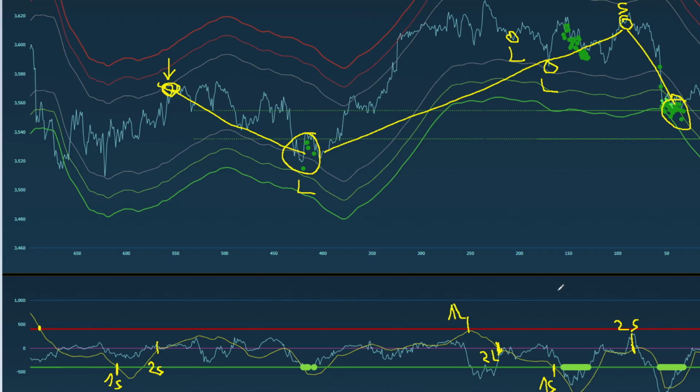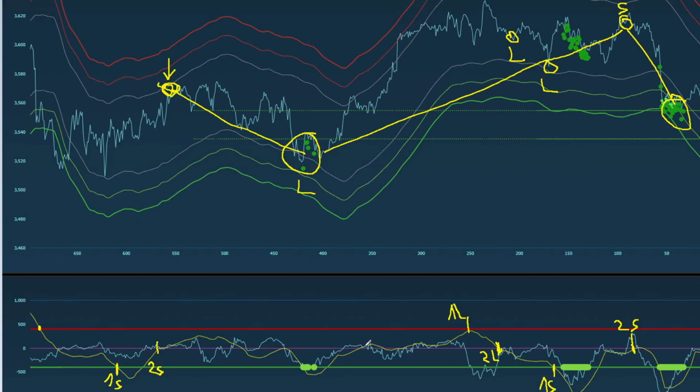Okay, so that's basically the Momo trend setup. Okay, now kind of a complementary or something that is really worth noting is these counter trend setups, which we're going to talk about now.